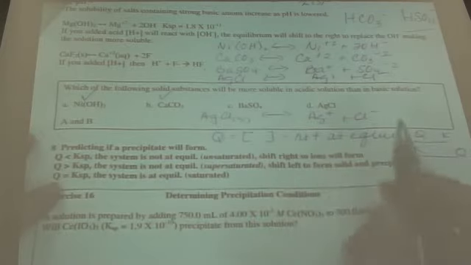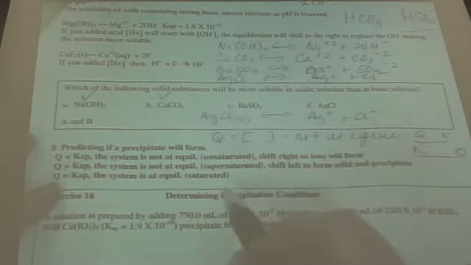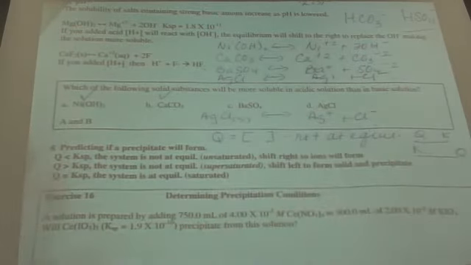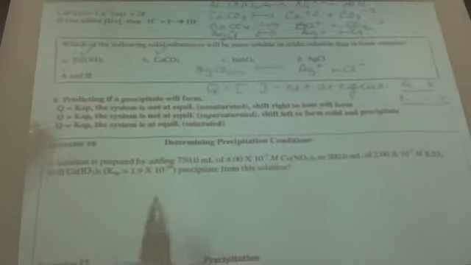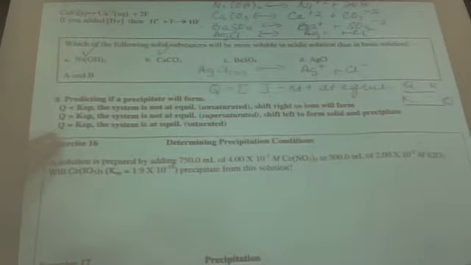If Q is equal to K, then that means it is a saturated solution. It is at equilibrium. I'm kind of sad that I made this problem so hard for this original one, but we'll get over it. I'm paying you back by making you not do exercise 17, okay? Thank you. You're so welcome.